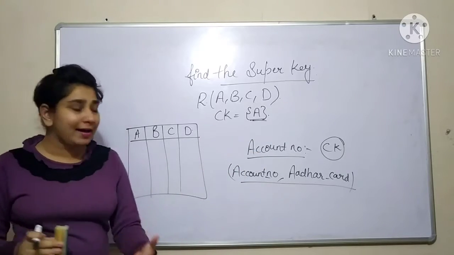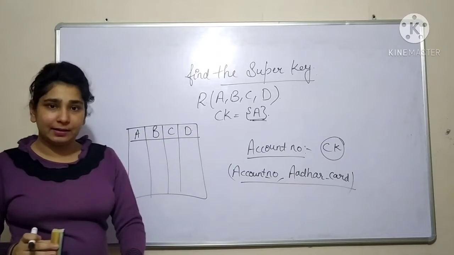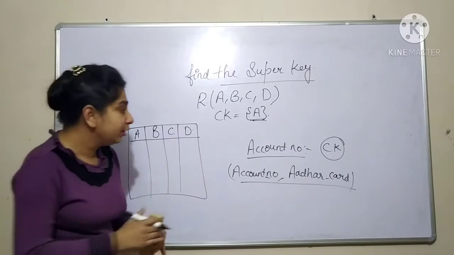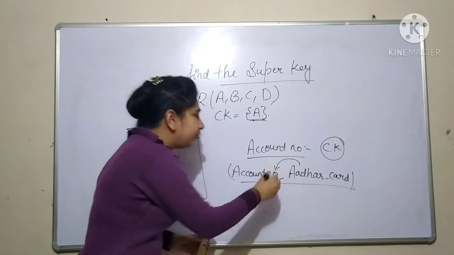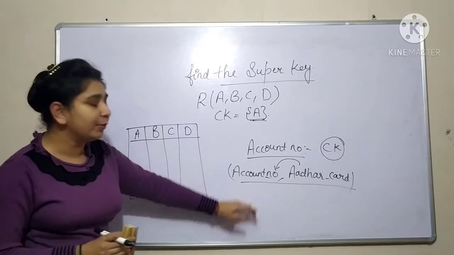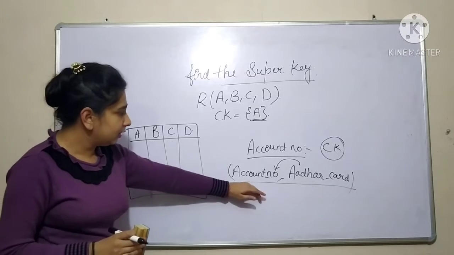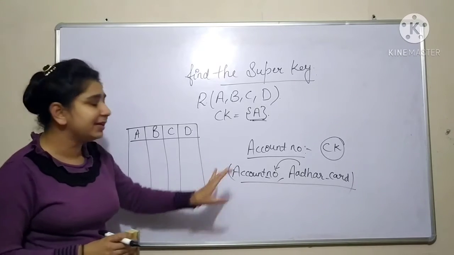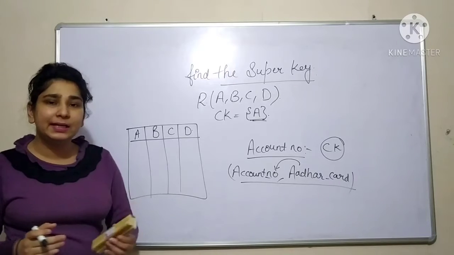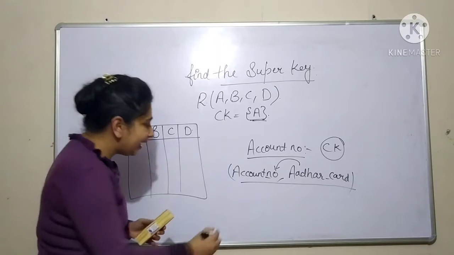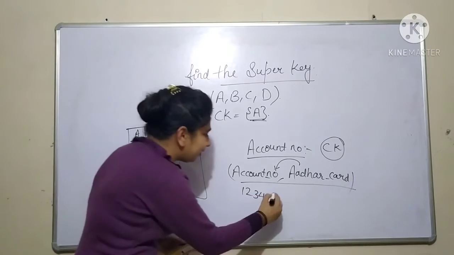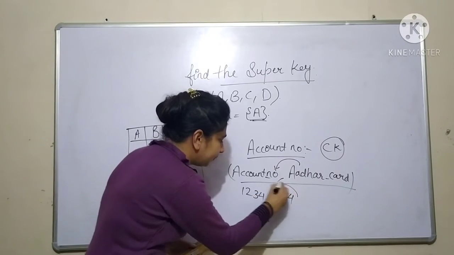But if you add the Aadhaar card with the account number, you are adding additional information to the account number. Let's suppose the account number is 1234 and the Aadhaar card is 234.